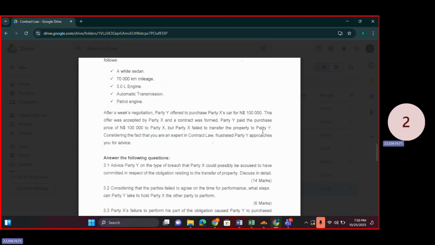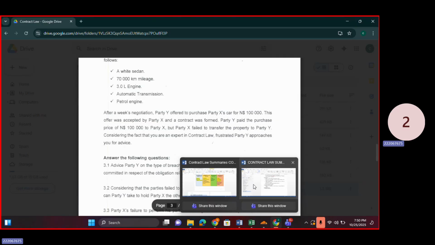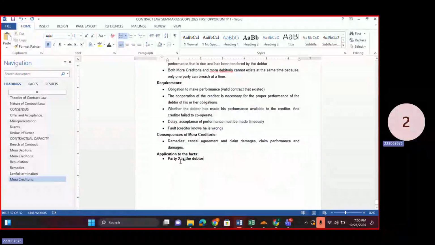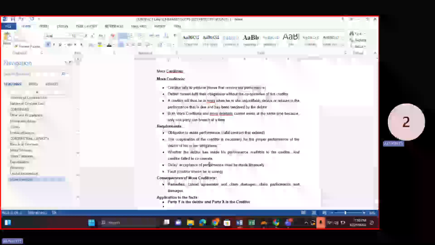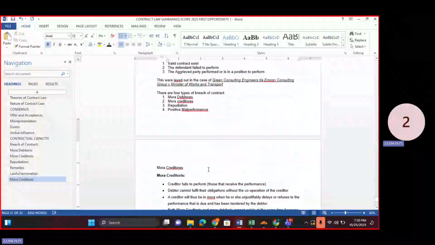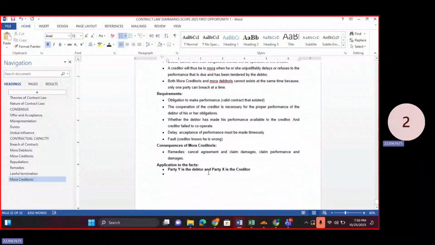Party Y is the one who paid the purchase price. So Party Y is the debtor, and Party X is the creditor. We're just establishing that from the beginning, and then we go through the requirements of the contract.